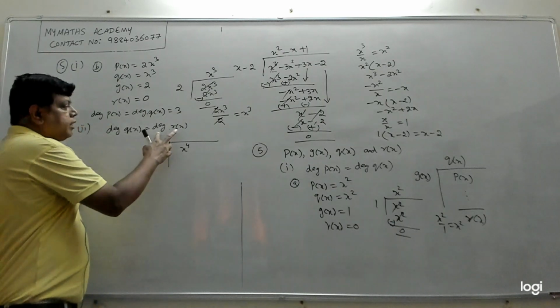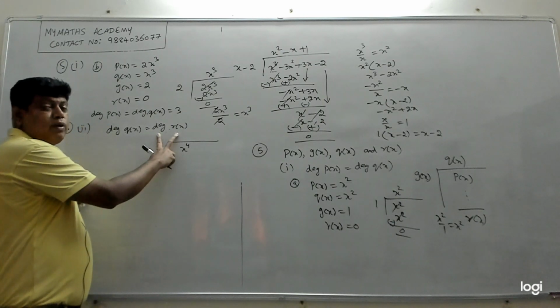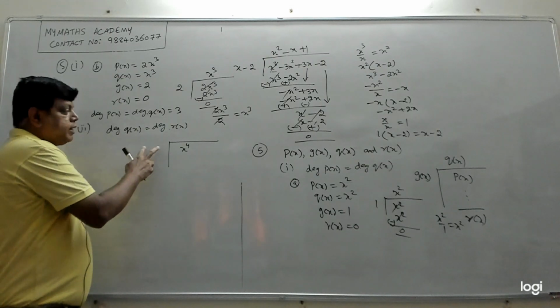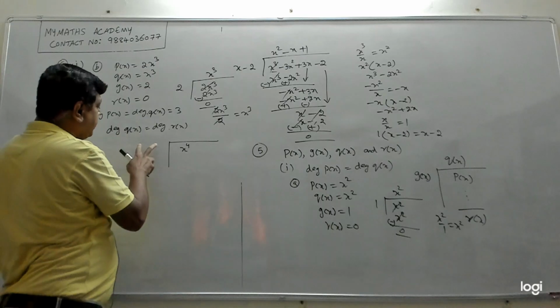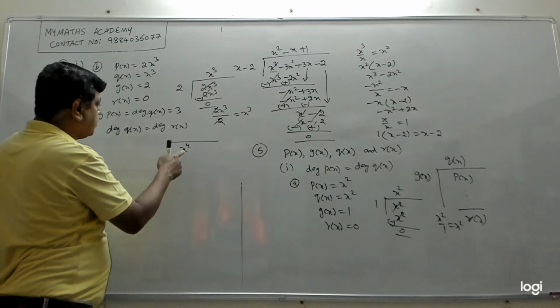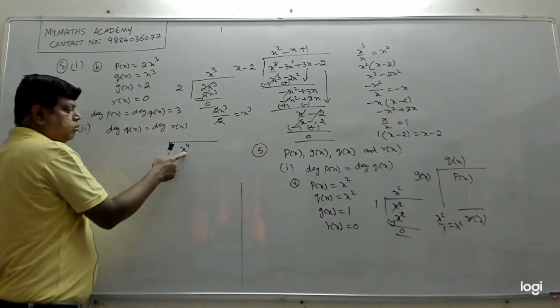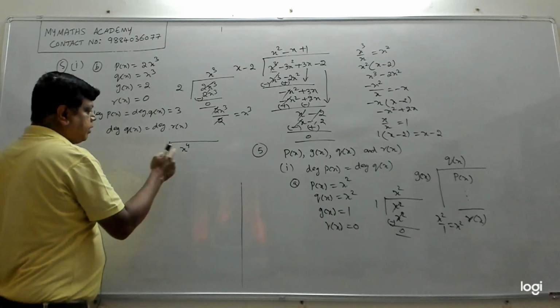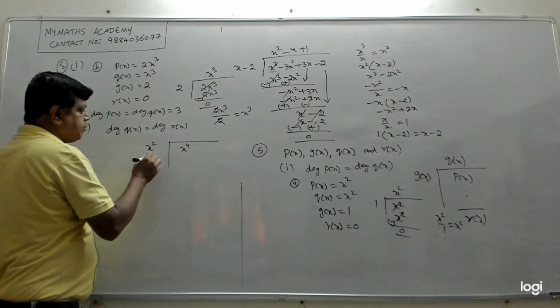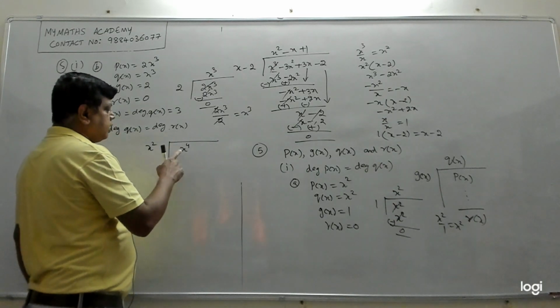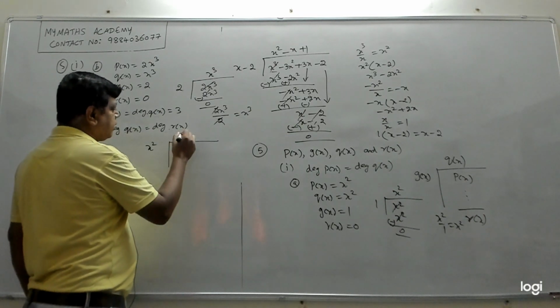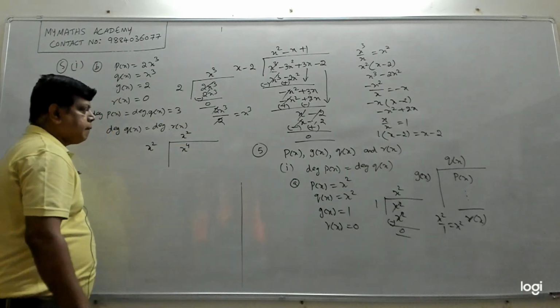And we know that degree of the remainder will always be less than the degree of the divisor. Obviously I will try to put a value less than this, but I will put x square. Suppose I put x square, what happens? X power 4 by x square, I'll get x square, right?